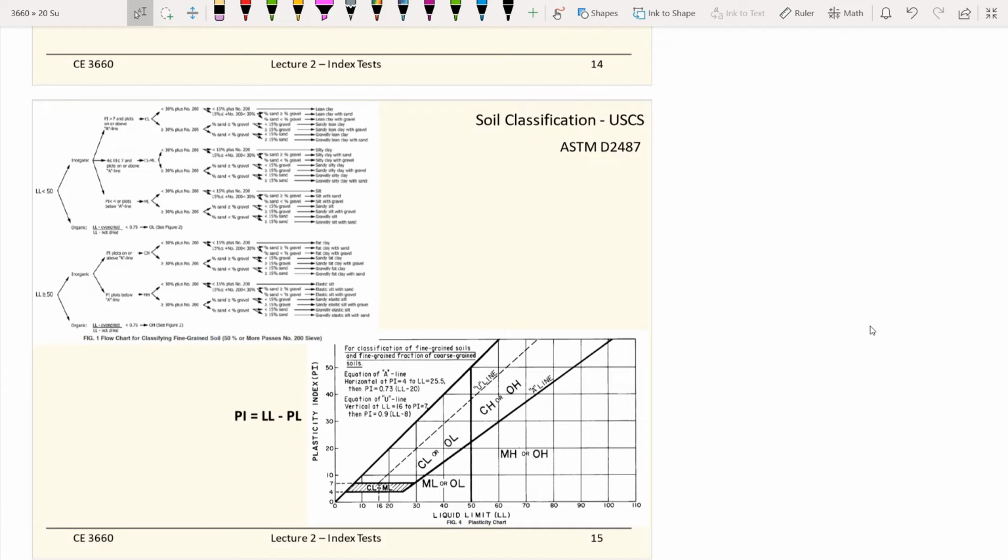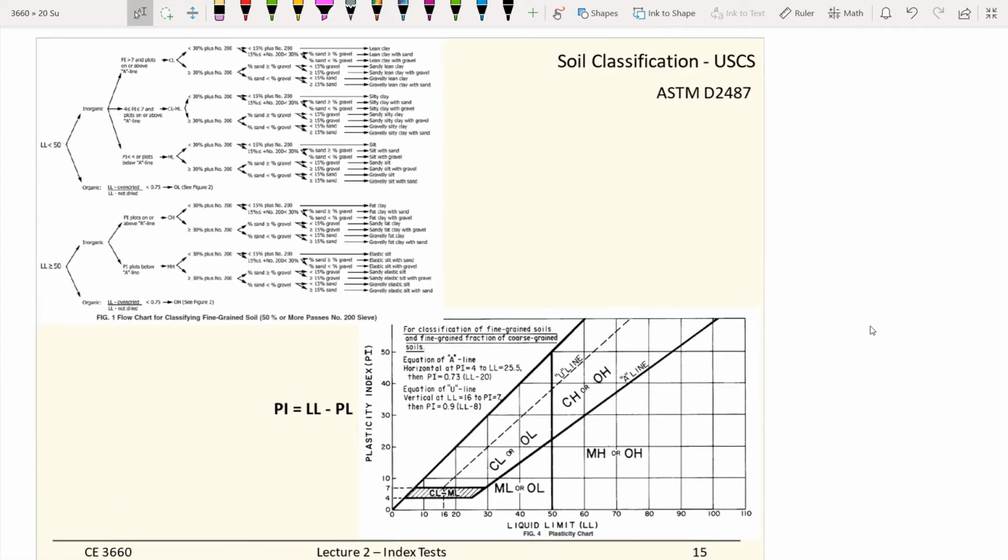Anyways, for ASTM D2487, in order to use it, you need to know how to use some of the key figures. On this slide, I showed you two figures which help us do the classifications. First, the whole classification setup is divided into two categories.